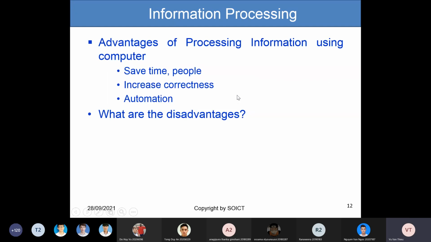Actually, information can be processed manually or automatically using a computer. The advantages of processing information using computers are saving time and saving human resources. The second one is increasing the correctness of processing, and the last one is automation.